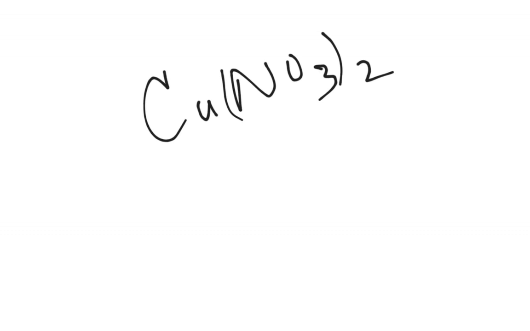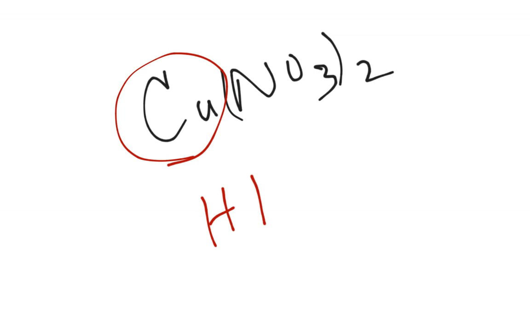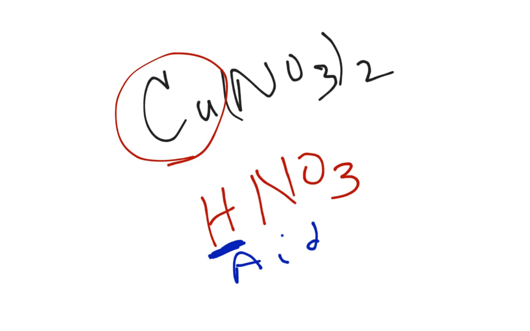If the metal, this guy right here, instead of being a metal, happens to be hydrogen, so instead of having copper there, we would have hydrogen nitrate, if that is the case, then this is an acid. And so we're going to change the naming just a bit to denote that it is an acid.